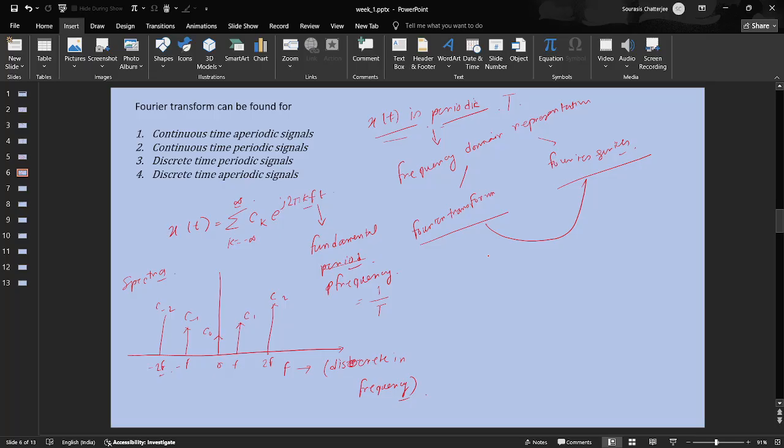Do they have a specific name? Because it is not that it only has content at the fundamental frequency f; it has content at multiples of f, I mean 2f, 3f, and so on, and ideally it extends to infinity. So what are they called really? And this c_k also, does it have a specific name?